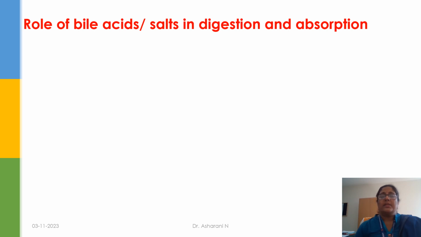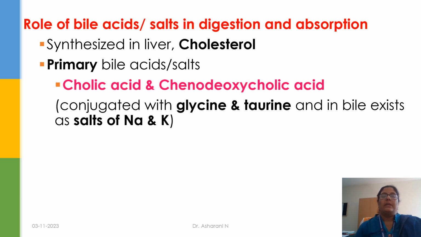Now we will see what is the role of these bile acids or salts in the digestion and absorption of lipids. So these bile acids or salts are synthesized in the liver. They are derived from cholesterol. The primary bile acids are cholic acid and chenodeoxycholic acid.